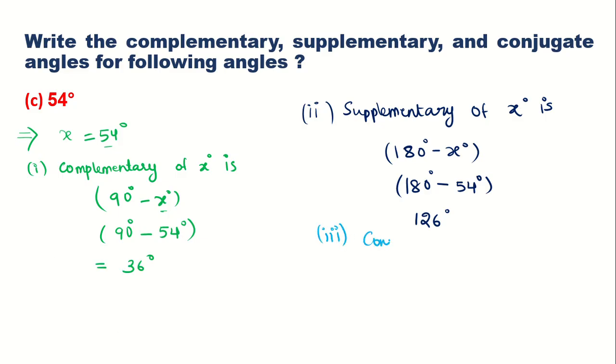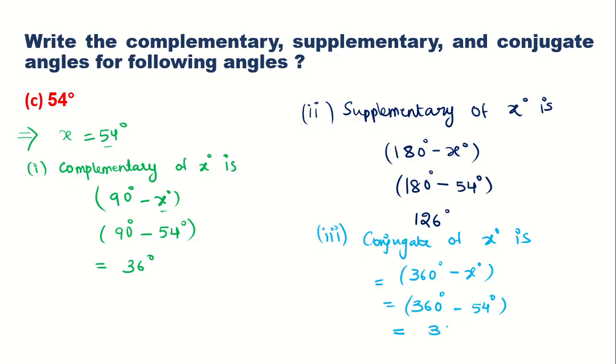What is the conjugate? The conjugate of x degrees is 360 degrees minus x degrees. 360 degrees minus what is x? 54 degrees. So what answer will you get? 360 minus 54 is 306. So these are the complementary, supplementary and conjugate angles for the given x degrees, which is 54 degrees.